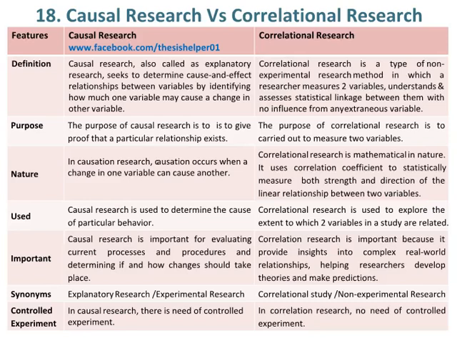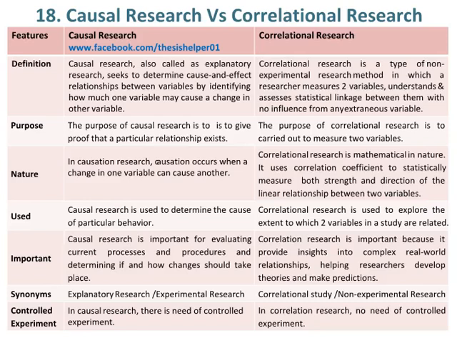The purpose of causal research is to give proof that a particular relationship exists, whereas correlational research is carried out to measure two variables. In causal research, causation occurs when a change in one variable can cause another, whereas correlational research is mathematical in nature.